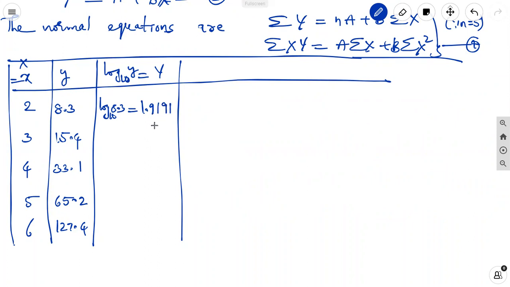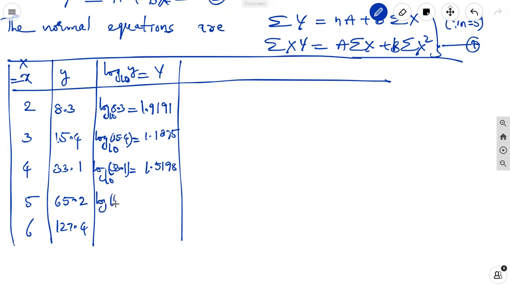We can take the values to 4 decimal places. Next, log of 15.4 base 10 value is 1.1875. Log of 33.1 base 10 equal to 1.5198.